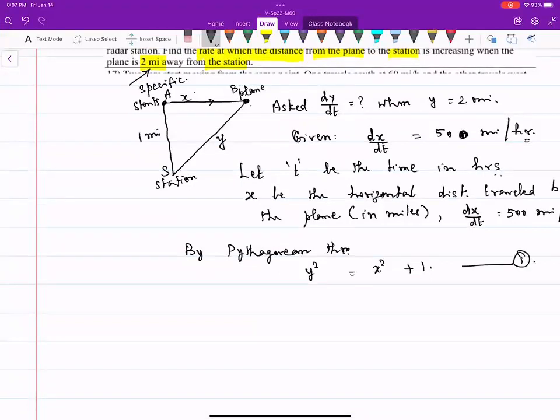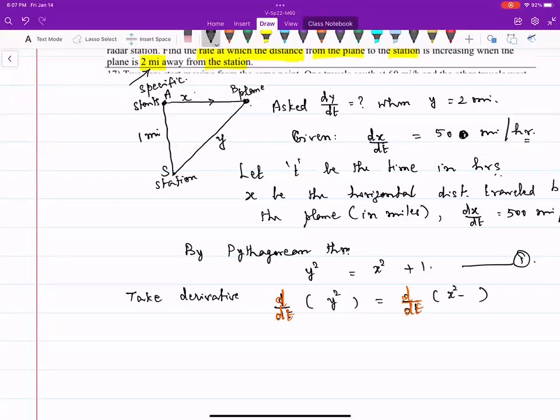Now let's take the derivative on both sides. So d by dt of y squared is d by dt of the right hand side. What do you have on the left hand side? y squared.